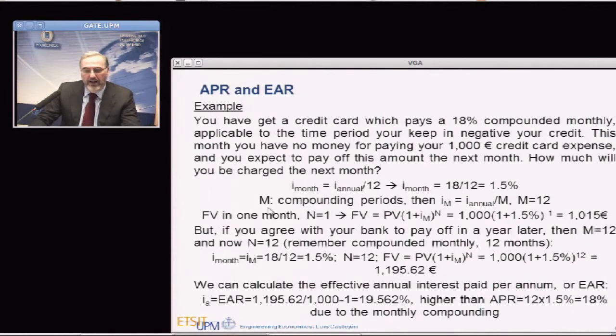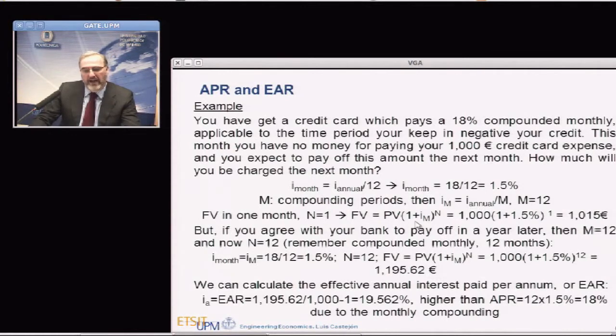So we call this M compounding periods. Then this is I_M, the rate per compounding period, in this case a month, which is the annual rate I divided by the number of compounding periods, in this case M equal to 12. So the future value in 1 month, we know how much we are going to be charged on our credit card.